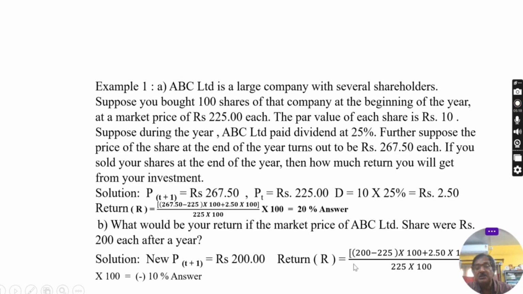Then how will we compute the return? The formula is the same. This is the final price of the share, this is the initial price, and you have purchased 100 shares, that's why you multiply by 100, and this is the dividend per share, also multiplied by 100, and this is your investment money. In this case the return is negative, that is, you are in loss.